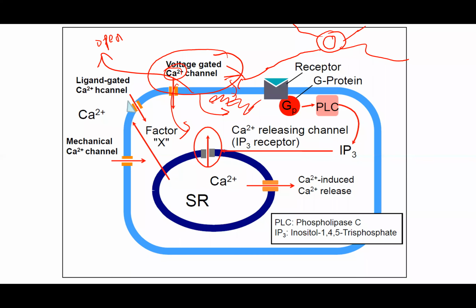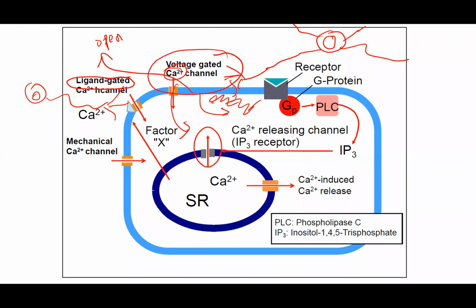The second source could be through a ligand-gated channel. Very similar concept. Say we have another neuron over here. I think the audio is working. For some reason, it told me disconnected.